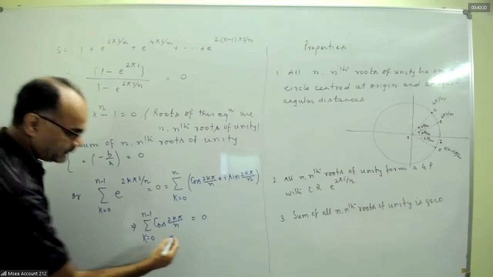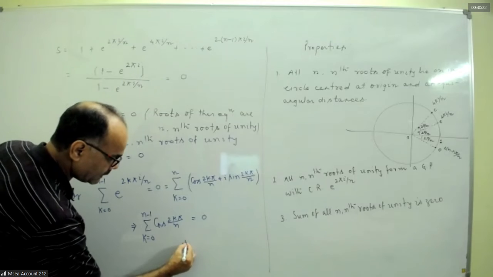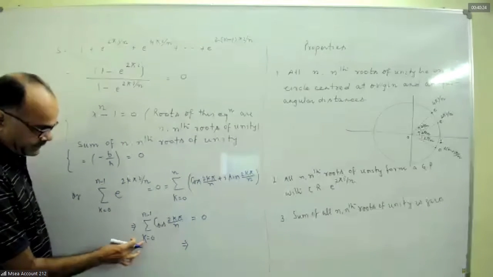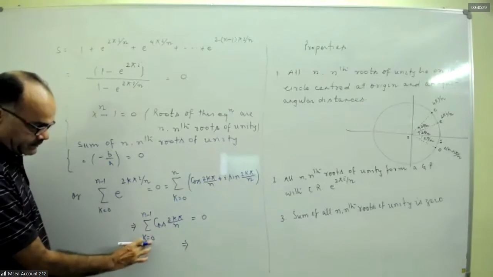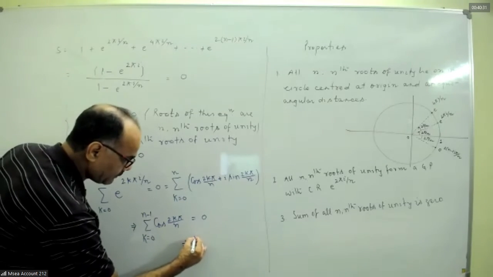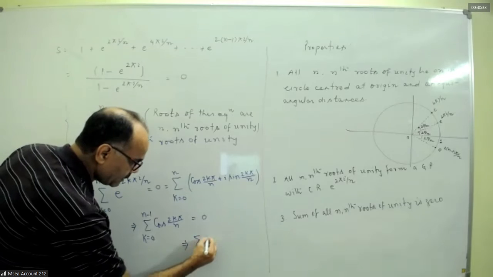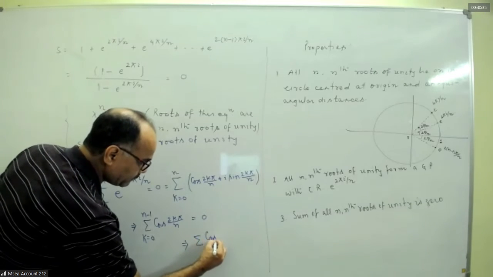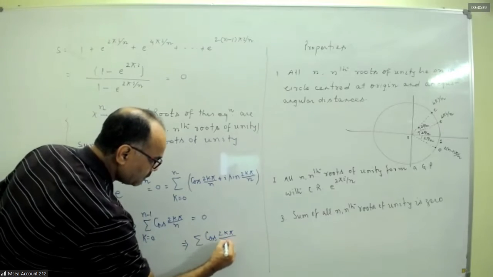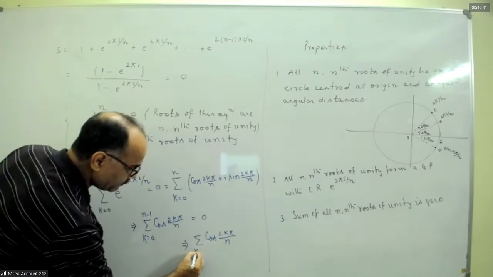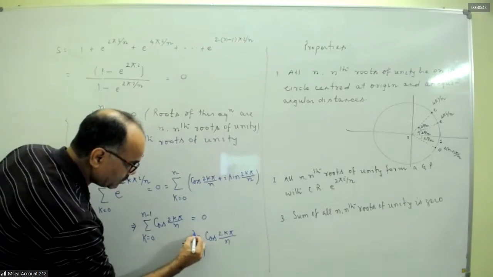Now from here, write it. Right now here there are n terms. If I send the first term to the right side, it will be summation of cos 2k pi by n, k going from 1 to n minus 1.